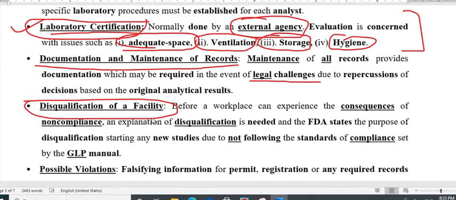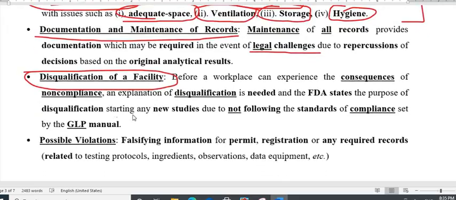Regarding the disqualification of the facility, we have to disqualify the lab if it does not comply with the GLP protocol, whether they are following it or not. If they do not comply, then disqualification of the facility has to be performed.